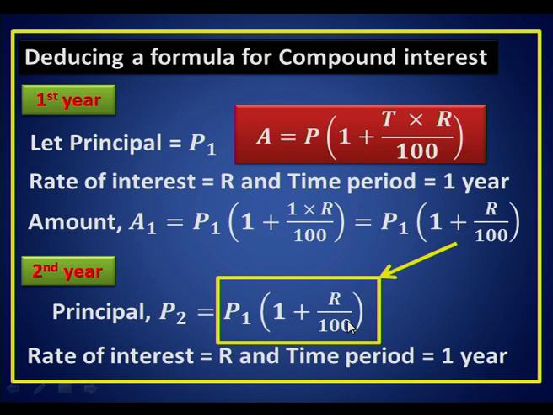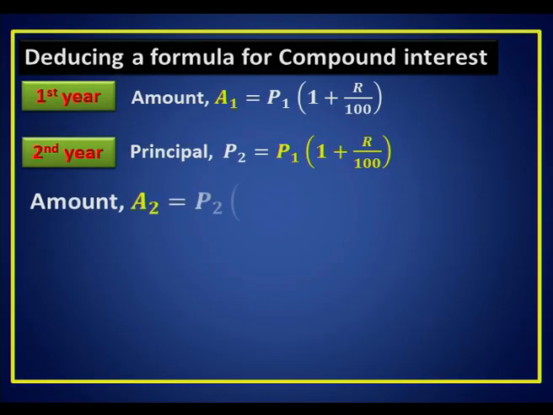Now, let us calculate the amount at the end of 2 years. So, amount A2 is principal P2 into 1 plus R by 100. But children, we have seen that the value of P2 is P1 into 1 plus R by 100. Now, let us substitute it.